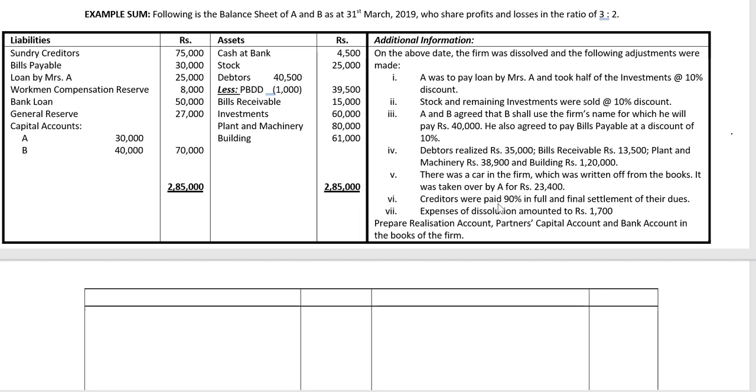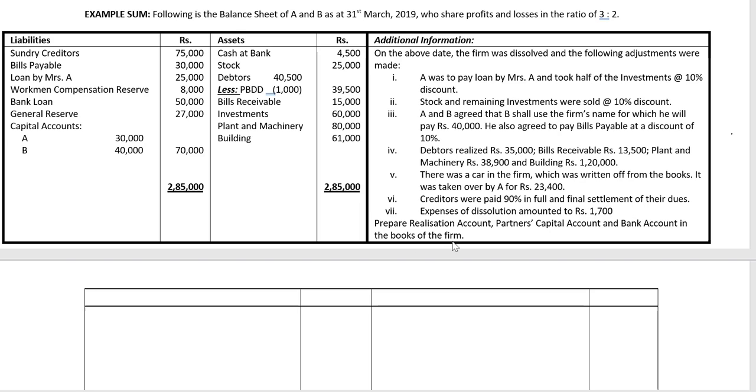It was taken over by A for rupees 23,400. Sixth point, creditors were paid 90% in full and final settlement of their dues. Last point, expenses of dissolution amounted to rupees 1,700.